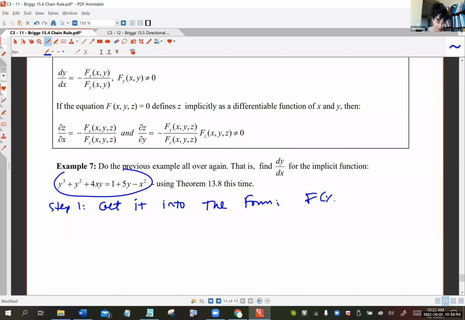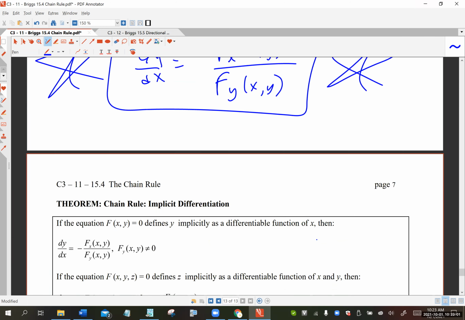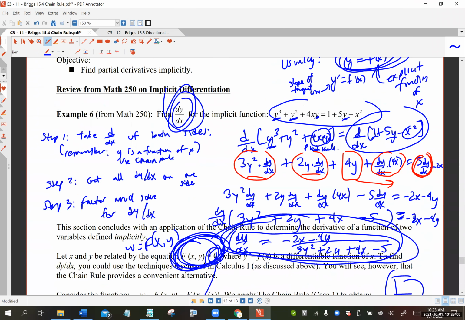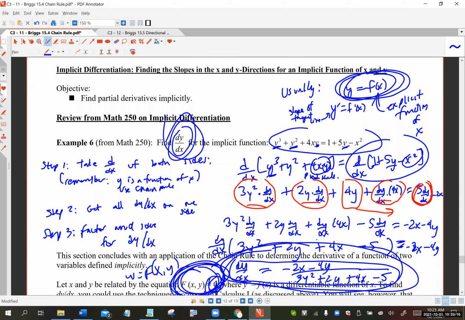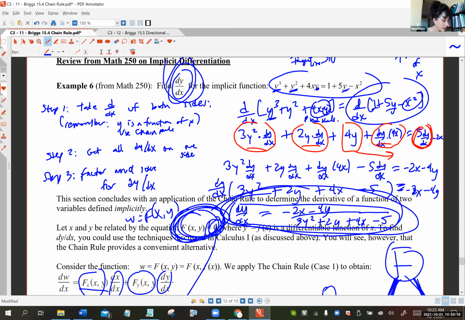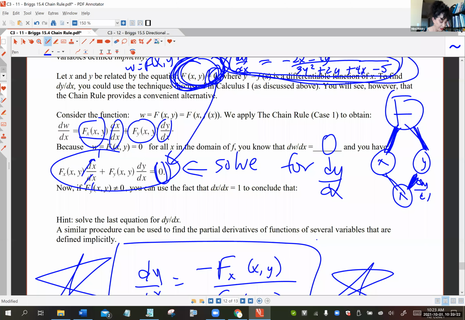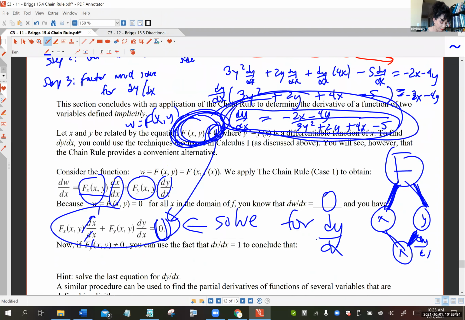Hey, Professor, I think ours is different because we have a different implicit function. Like, for example, 8. I don't know if you have an example 8 on here. I do have an example 8, but we haven't gotten there yet. Okay, my bad. Because this one said example 7 for ours. I apologize, so you're telling me that this one that I just did is example 7?